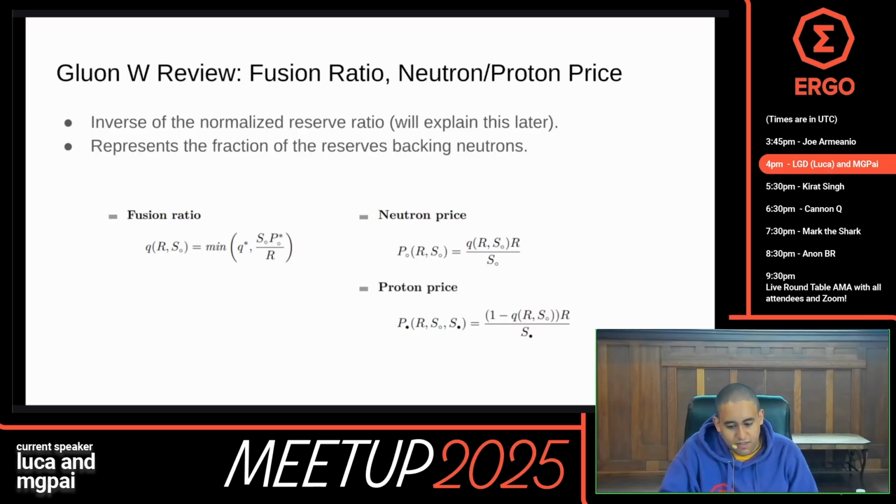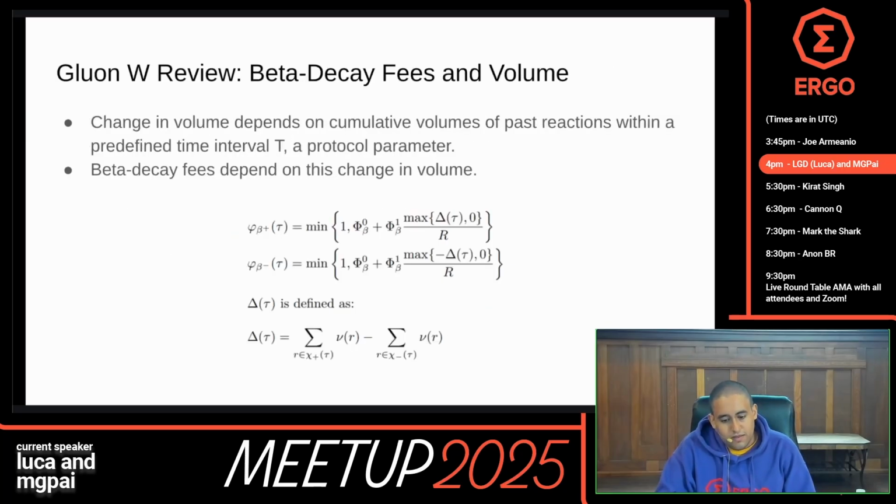And from that, we can derive the stablecoin price and the reserve coin price. I won't go into how these equations work, but basically, when you do beta decay reactions, the protocol keeps track of the cumulative volume of the reactions over a certain time, t, and the fee you pay is based on this difference.